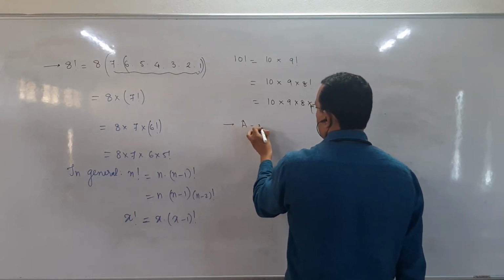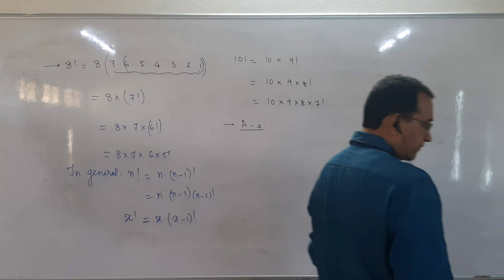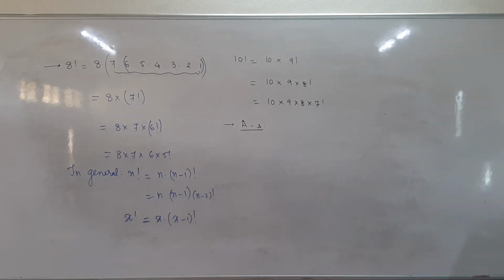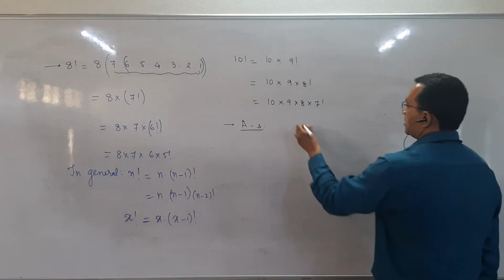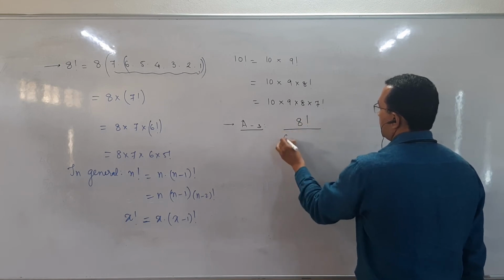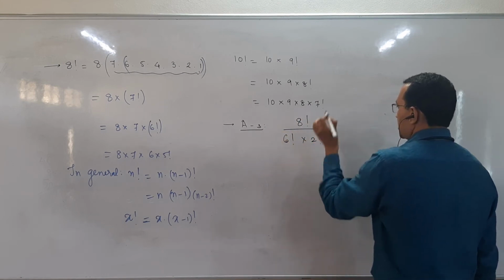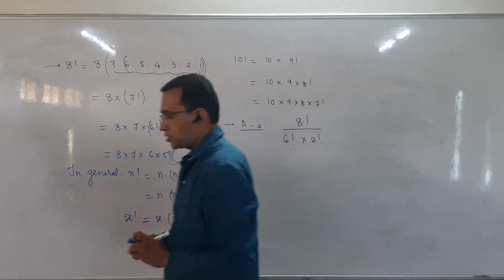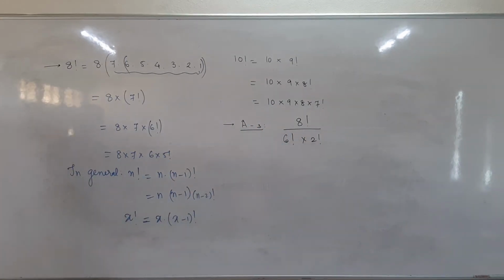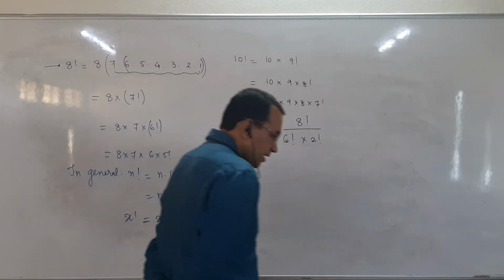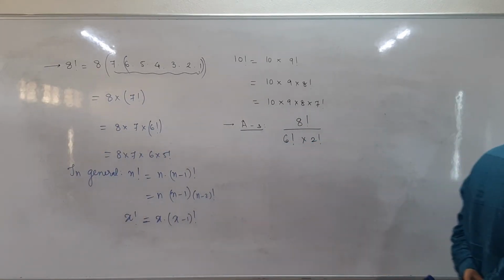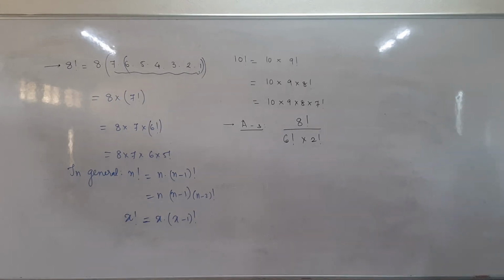So, our answer 3 is to simplify, get the value. Find the value of 8 factorial divided by 6 factorial into 2 factorial. The logic of simplifying factorial is very interesting, students.